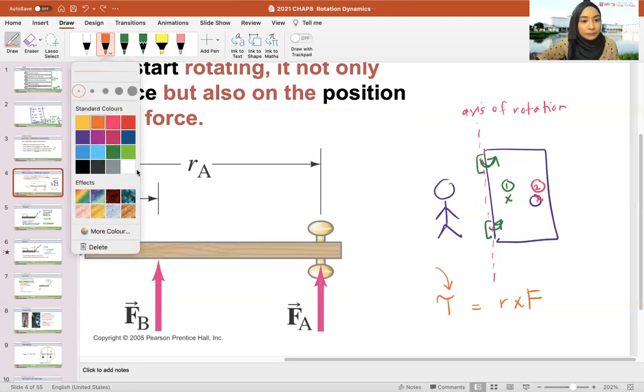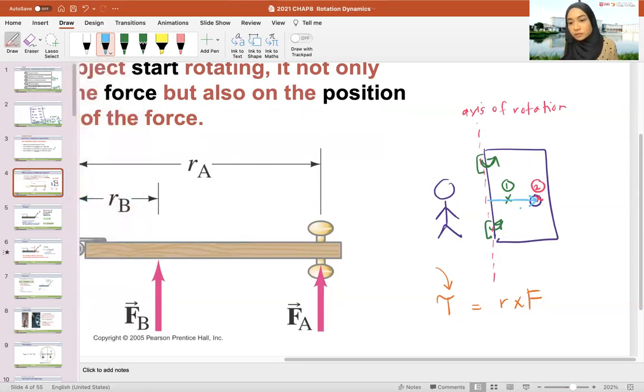Okay, so that's not really clear. Let me use a different color. Blue. Let's use blue. Will that help? Yes. So this is going to be R. R is the distance at which you apply force with respect to the axis of rotation. So the greater your R, the greater the torque that you have. And the greater force that Hazira applies, the greater the torque that she has.